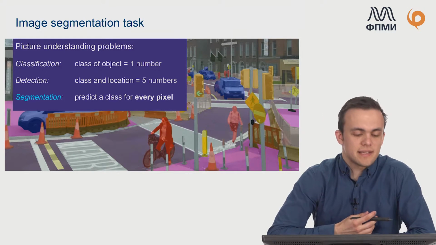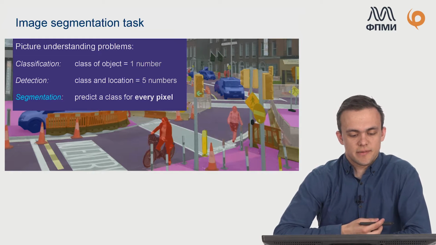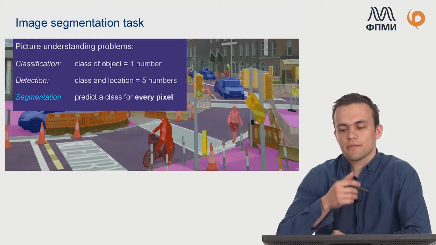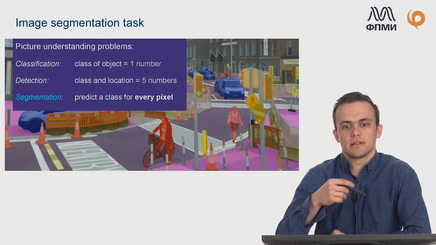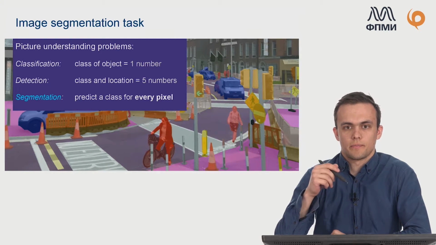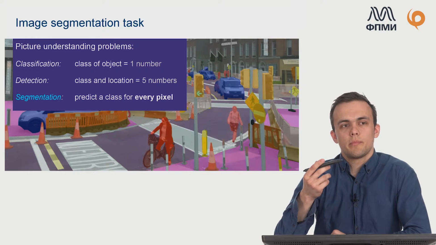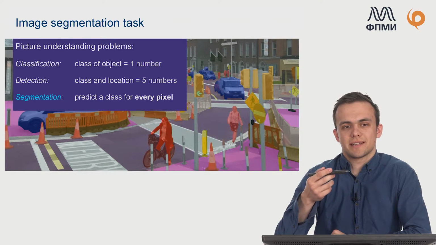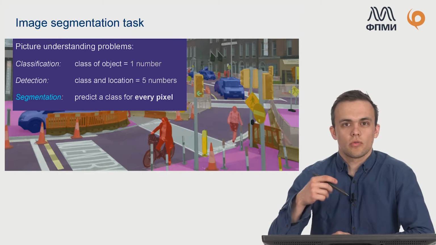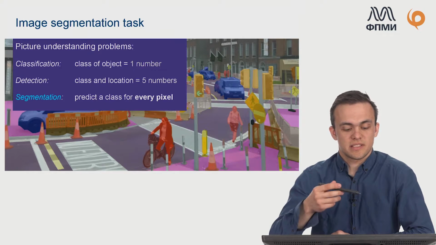So what basically is the image segmentation task? When we have some image which is represented as an array of numbers, we probably want the computer to understand what's on this image. So the first problem is classification.